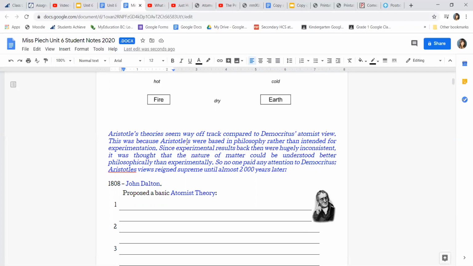And so Democritus had a different idea. And at that time, unfortunately, the experimental results were very inconsistent. And so that's why Aristotle felt you had to view matter through a philosophical lens, because you couldn't experiment with it to get a real, true, hands-on knowledge of it. And so that's why a lot of people did not pay attention to Democritus.